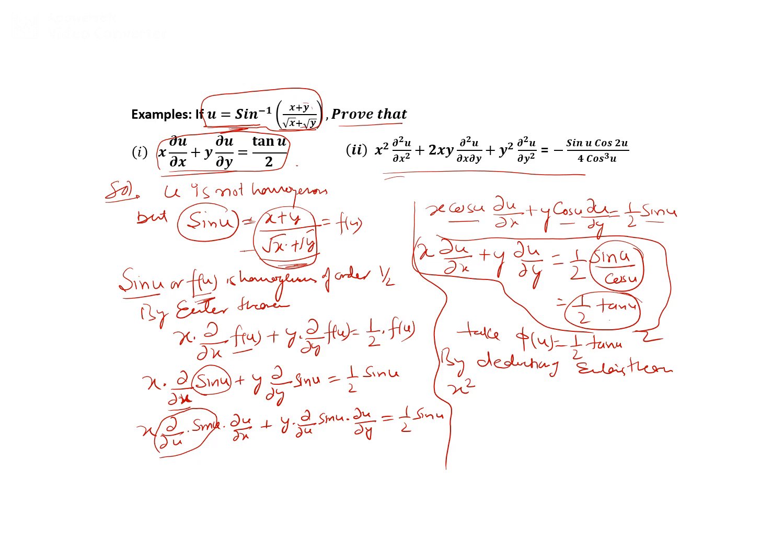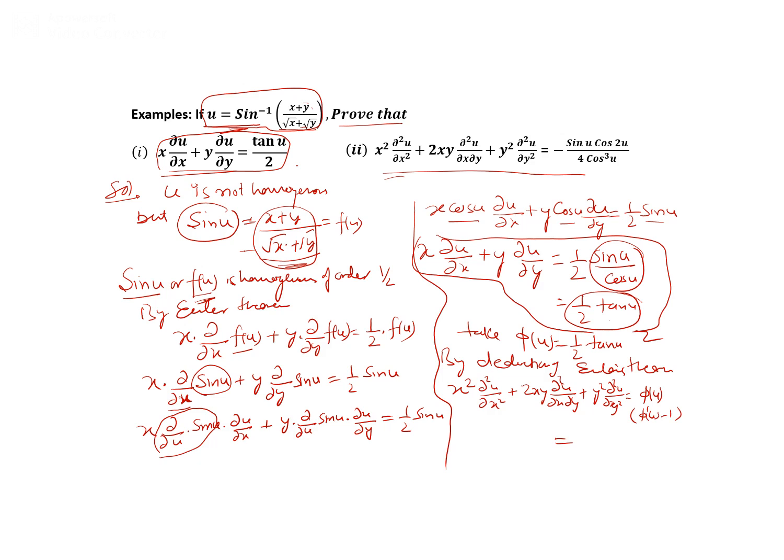Higher order deduction: x squared del 2u upon del x2 plus 2xy del 2u upon del x del y plus y squared del 2u upon del y2 is what? Phi u and phi dash u minus 1.